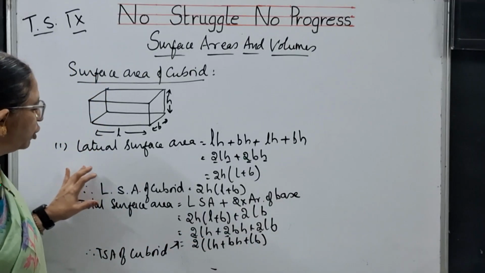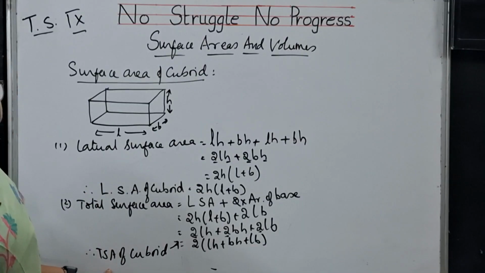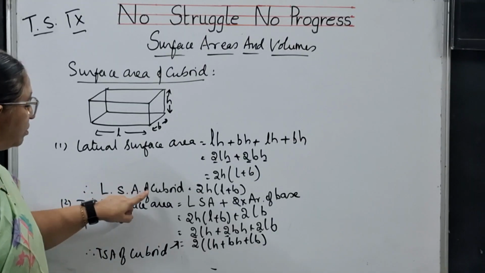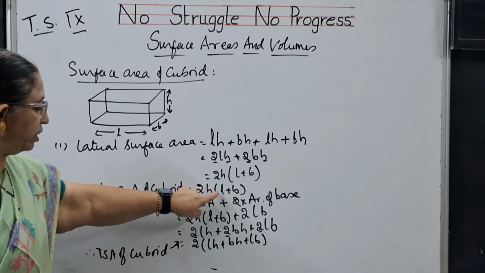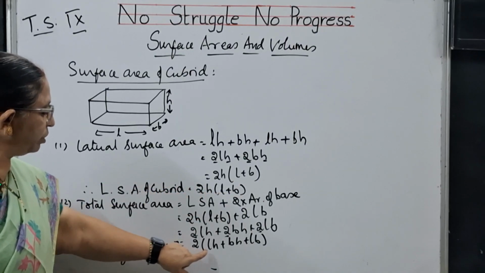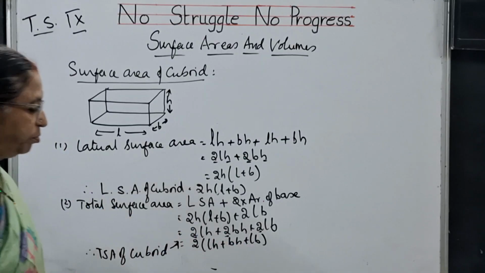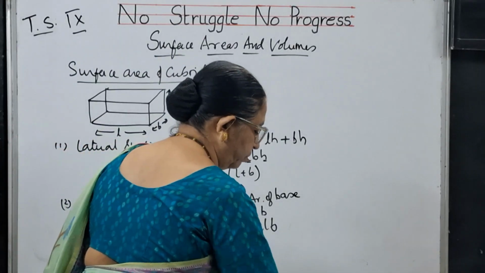These are the two formulae which we are going to use in solving the problems in this chapter, children. L.S.A. of cuboid is 2H into (L plus B). T.S.A. of cuboid is 2 into (LH plus BH plus LB). So please note it down.